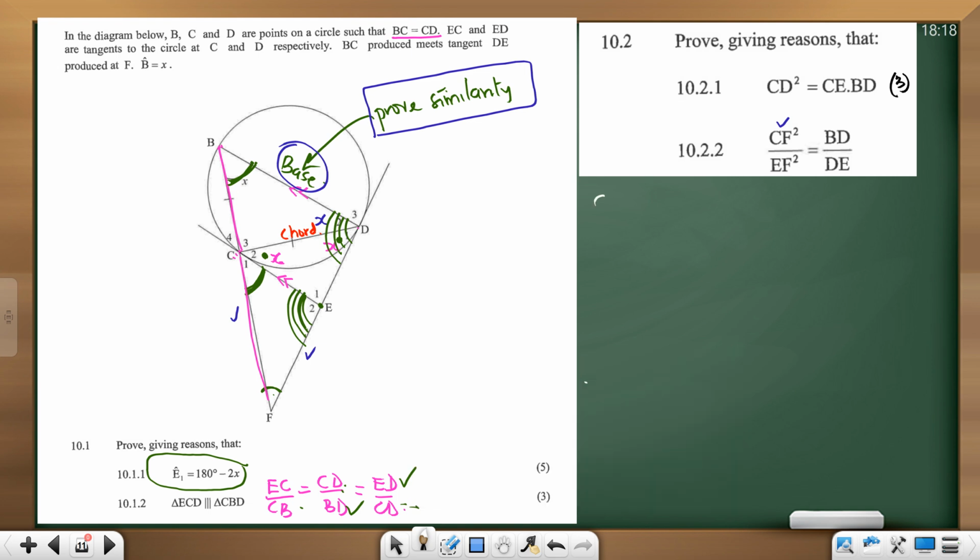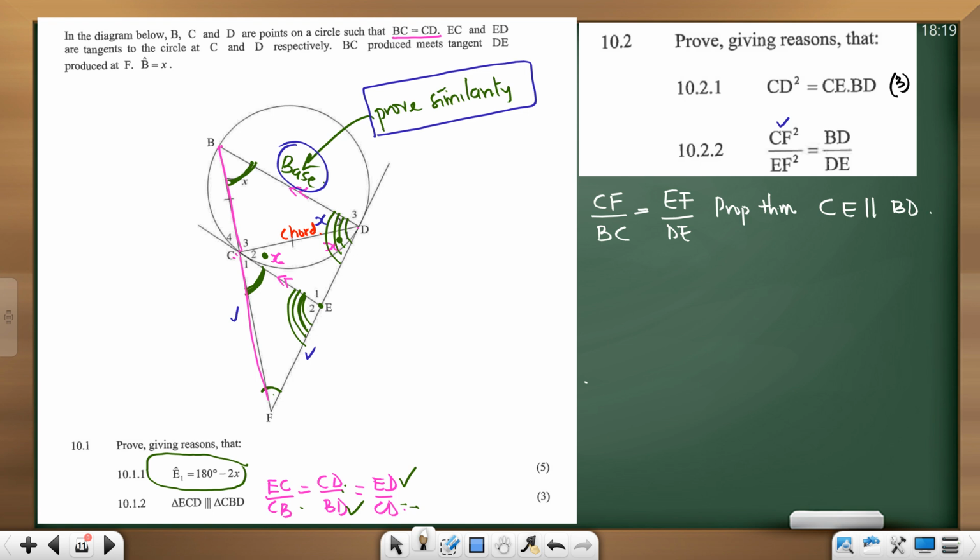Proportionality, what do we have? CF over BC equals EF over DE. Proportionality theorem. Which lines are parallel? CE is parallel to BD.